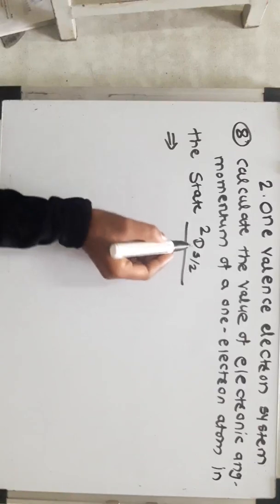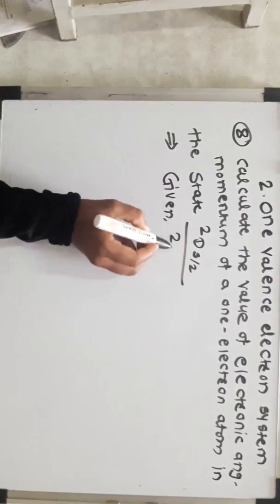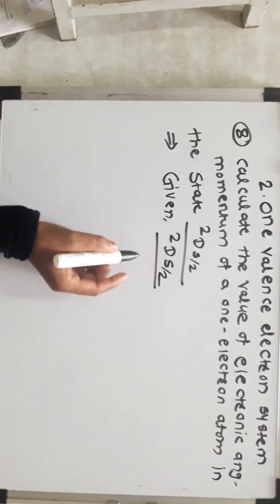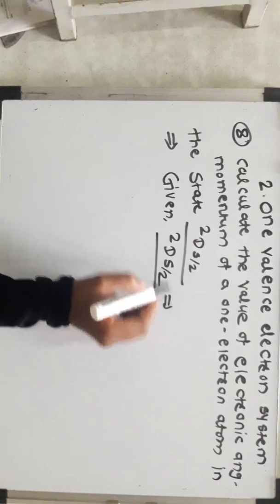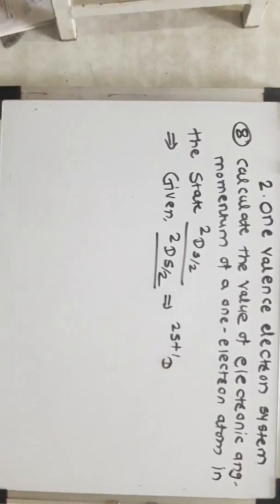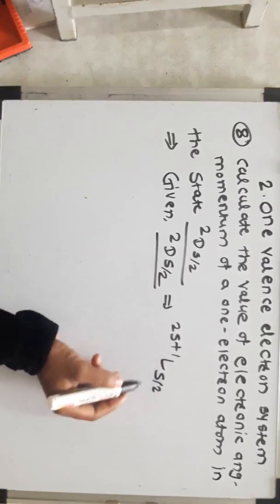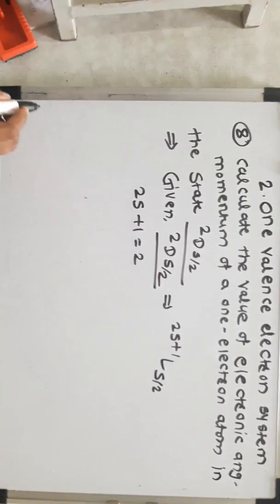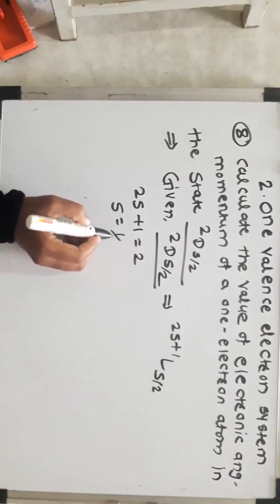Given is 2D 5/2. From this you have to calculate the values of L, S and J, as in the last lecture. 2S+1 is equal to 2, therefore the value of S is 1/2.